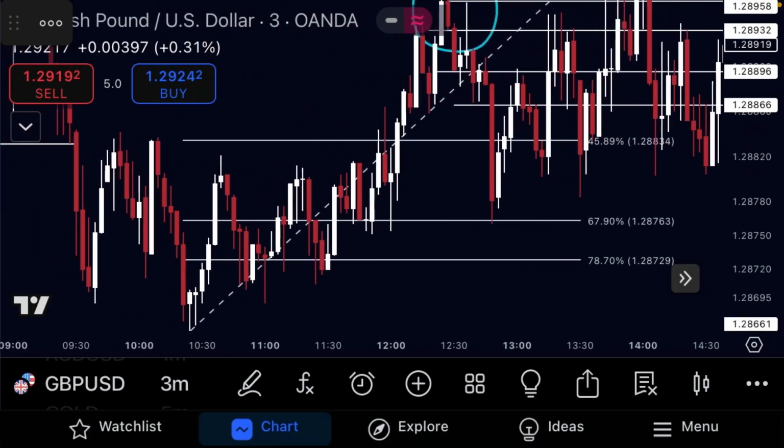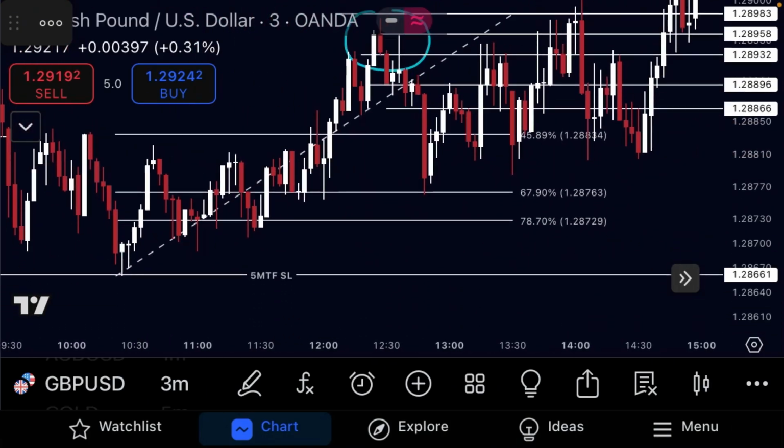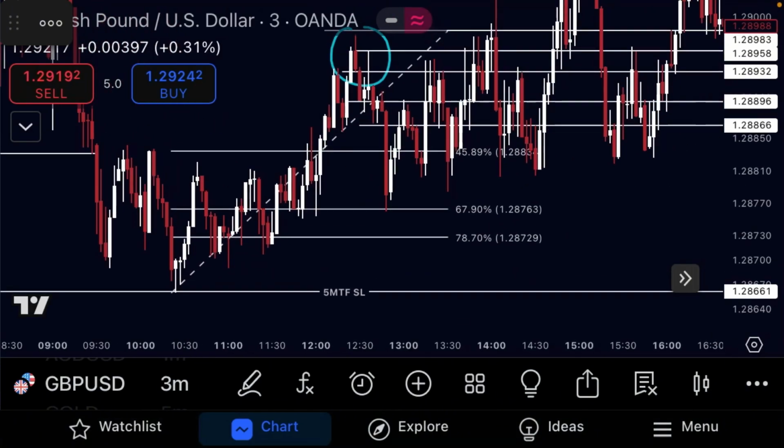Now if you're conversant with the Fibonacci tool, you know that if you're using the default setting, it comes with a lot of numbers. So we just took out those numbers and made sure we're only seeing the valid areas that we want to see.